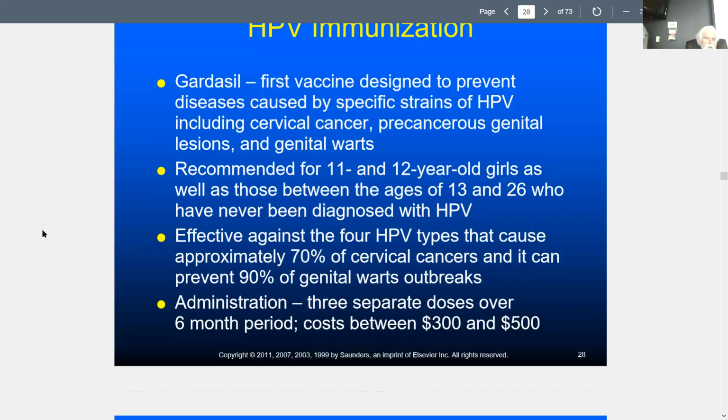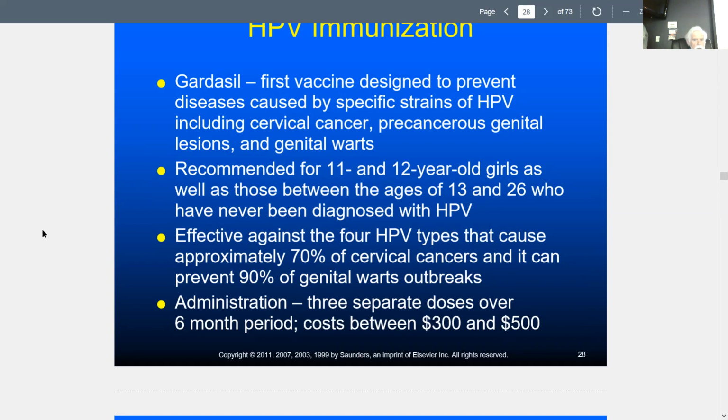Immunization, there are 3 vaccines currently. There's Gardasil, Gardasil 9, and I'm going to lose it. There's one other. We recommend those for young girls before menarche, so that if they become sexually active, and of course we hope they don't at a young age like that, but if they do, then at least we can prevent them from getting this infection.